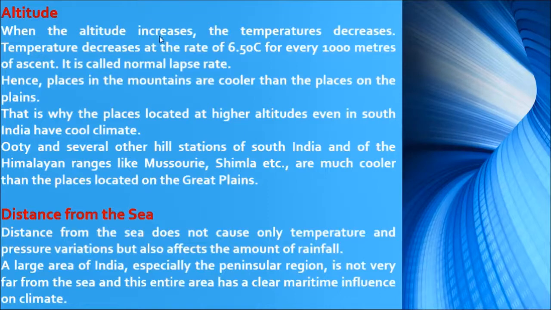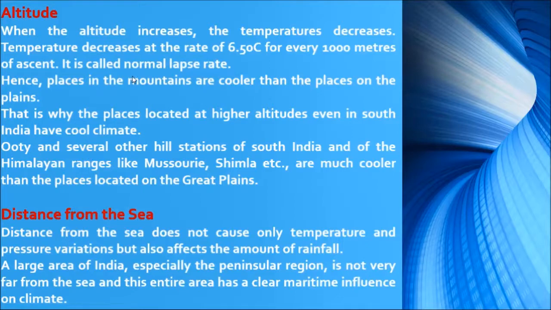When the altitude increases, what happens? Automatically the temperature also decreases. Temperature decrease is at the rate of 6.5 degrees Celsius for every 1000 meters of ascent. It is called the normal lapse rate. So when the temperature decreases at the rate of 6.5 degrees Celsius for every 1000 meters of ascent, it is called the normal lapse rate.